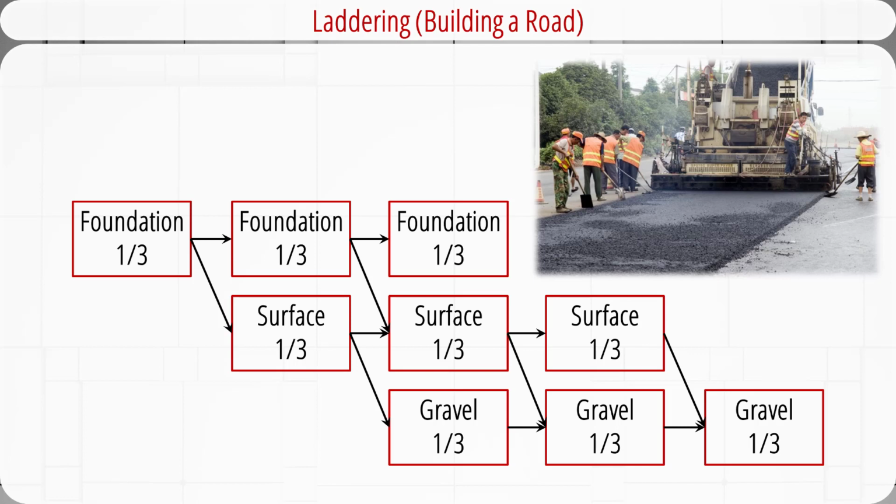We can split the 1-mile road into 3 segments. After the foundation is done for the first 30 miles, we may start the surface work while preparing the foundation for the next 30 miles. After the surface of the first 30 miles is done, we may immediately start to add gravel. Therefore, the laddering process will finish the project much faster.